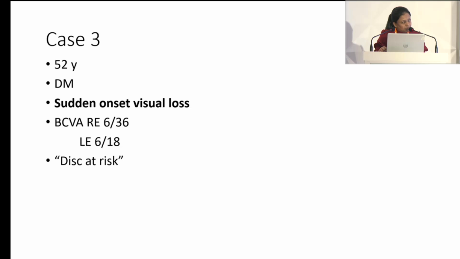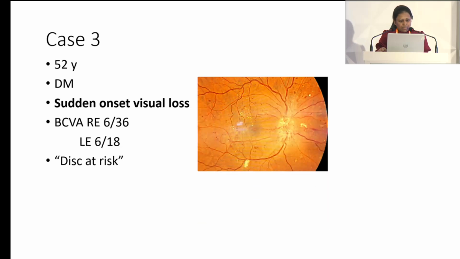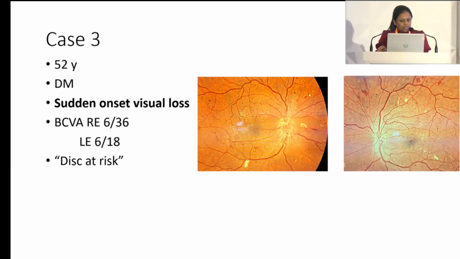Another patient, a 52-year-old diabetic, presented with sudden onset of visual loss. Right eye visual acuity was 6/36 with a relative afferent pupillary defect, and he had a small crowded disc in the fellow eye. And that was a case of non-arteritic anterior ischemic optic neuropathy.